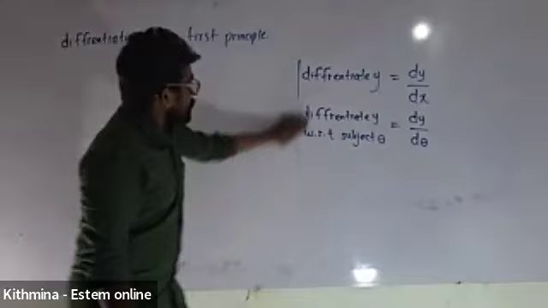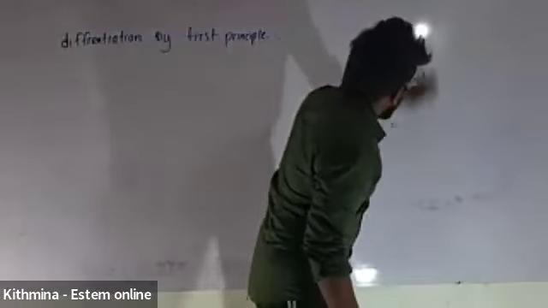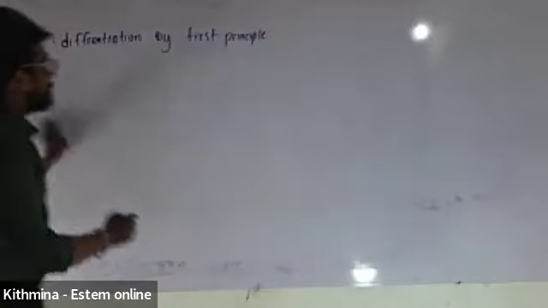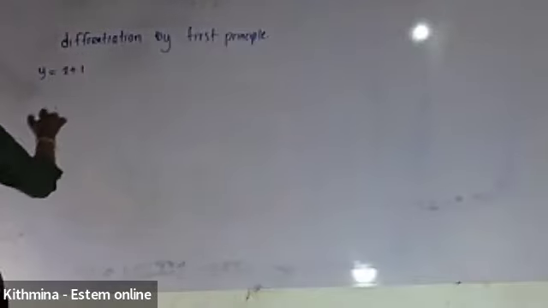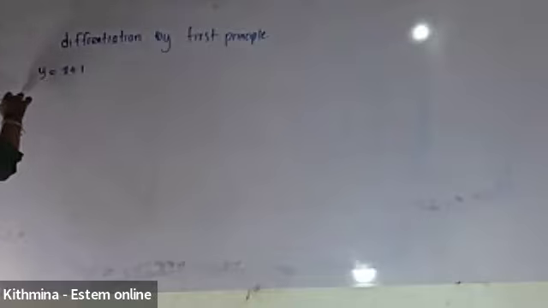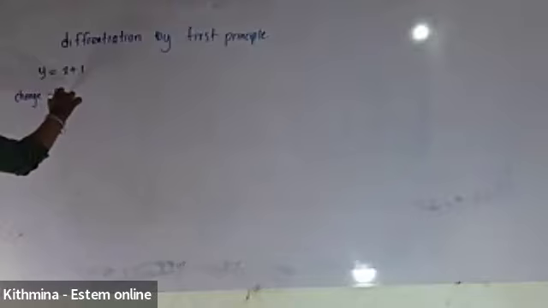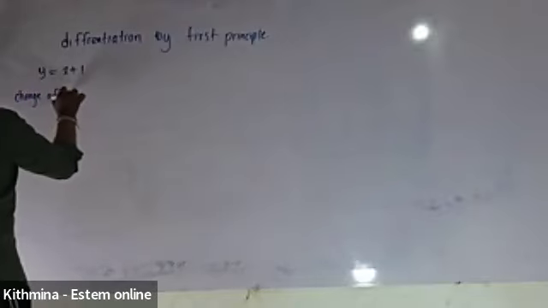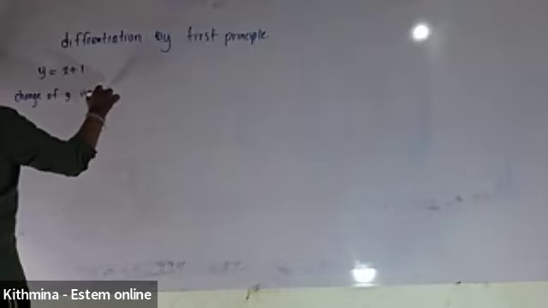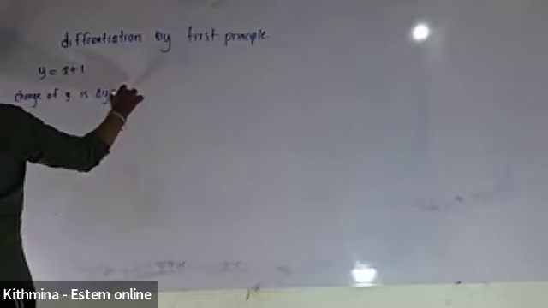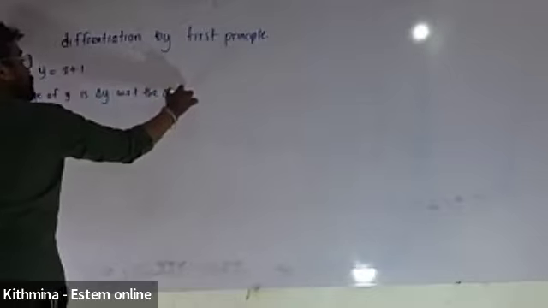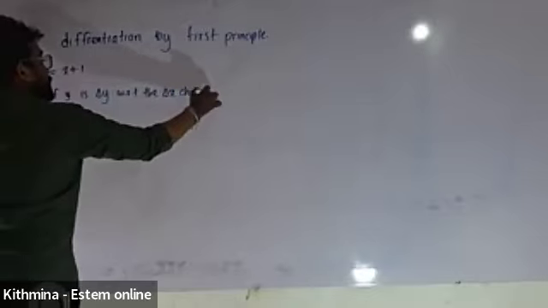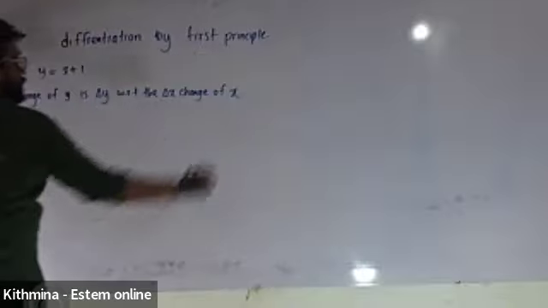So I erase these things and I do that problem. Our problem is y equals x plus 1. Now we should write the change of y, delta y, with respect to the change of x, delta x.